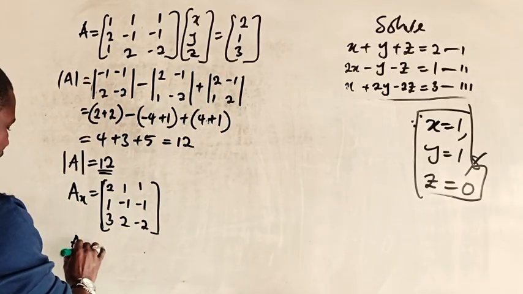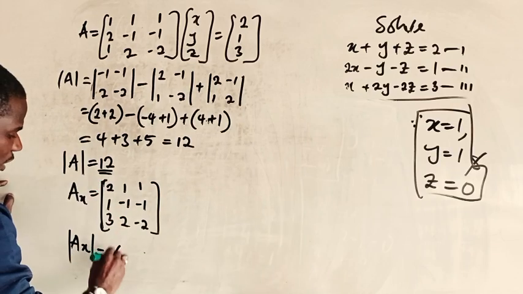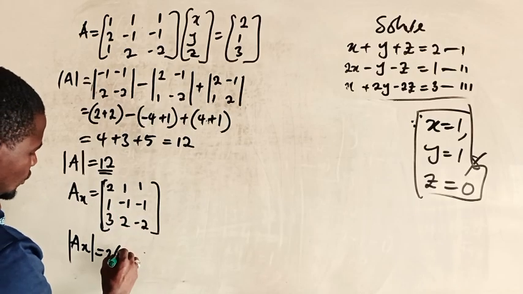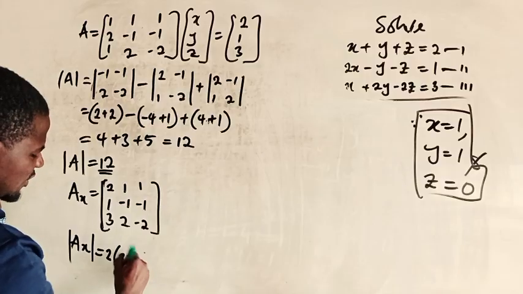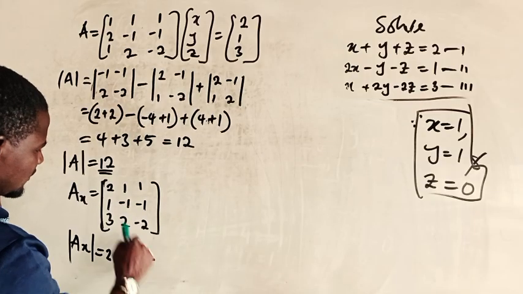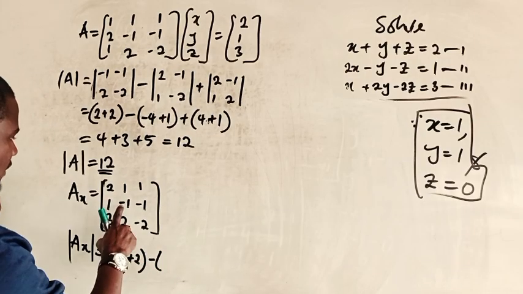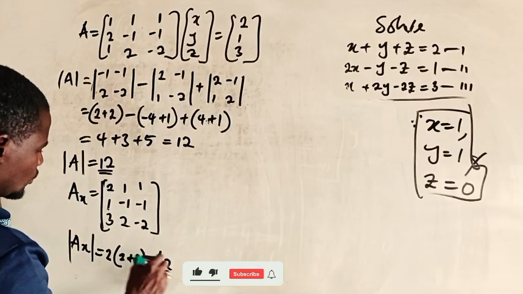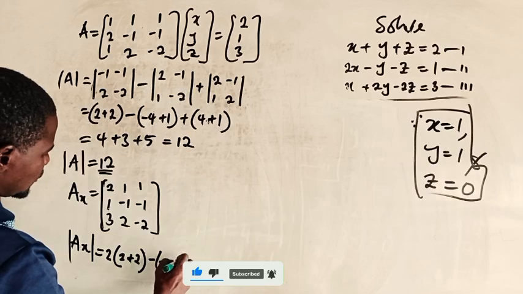So the determinant of A x: the first cofactor is 2, in brackets, minus 1 times minus 2 is plus 2, then 2 times minus 1 is minus 2, and with the other minus it is plus 2. The next cofactor is negative 1, with a bracket: 1 times minus 2 is minus 2, then 3 times minus 1 is minus 3, and with another minus that is plus 3.